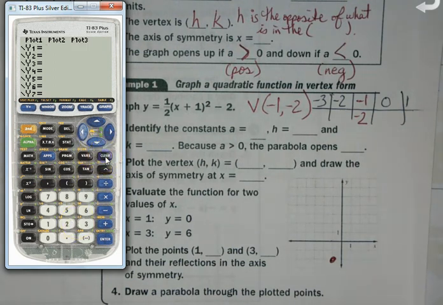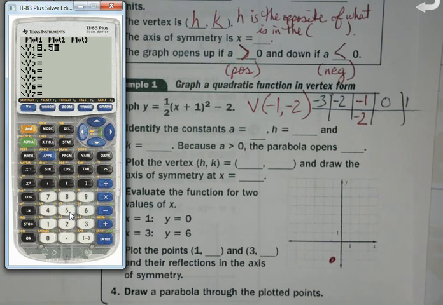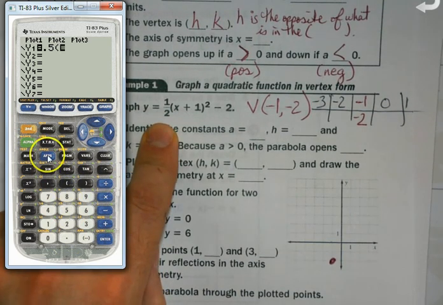So if I'm going to use the 1/2, I need to put it in parentheses. But what's 1/2 as a decimal? 0.5. So I'm just going to use the decimal instead for my 1/2 here, because then I'm less likely to get myself in trouble.